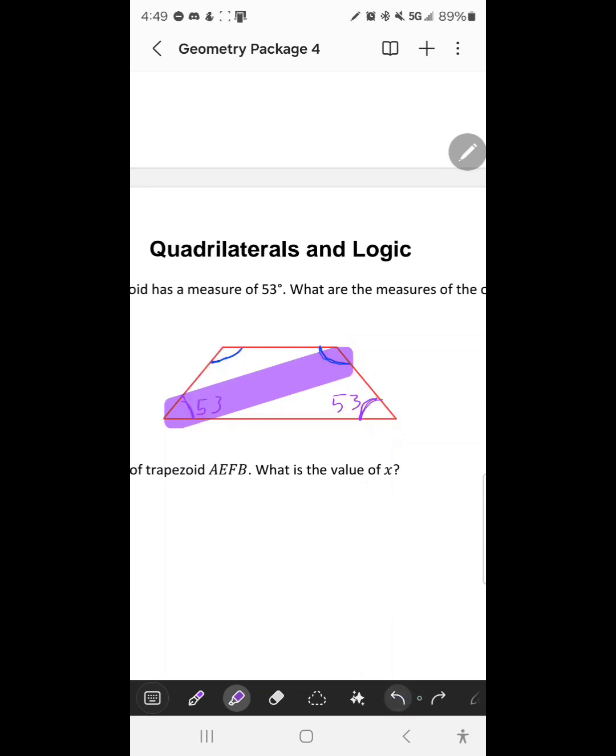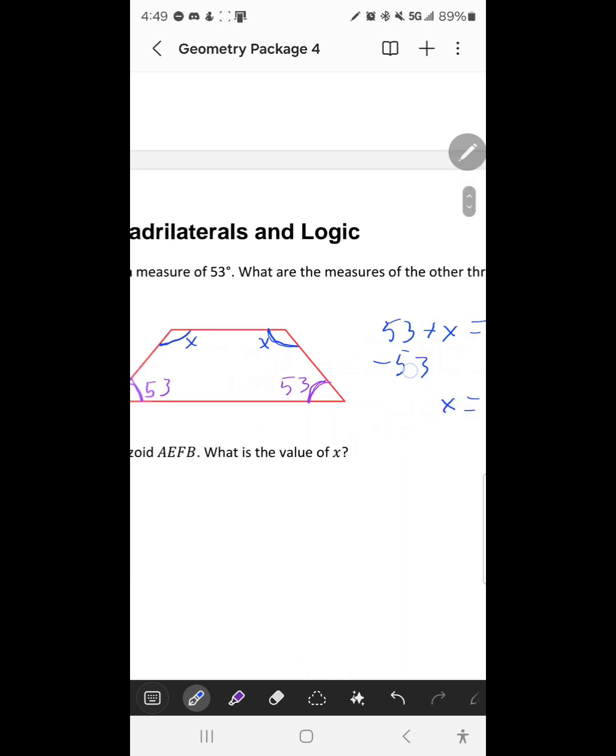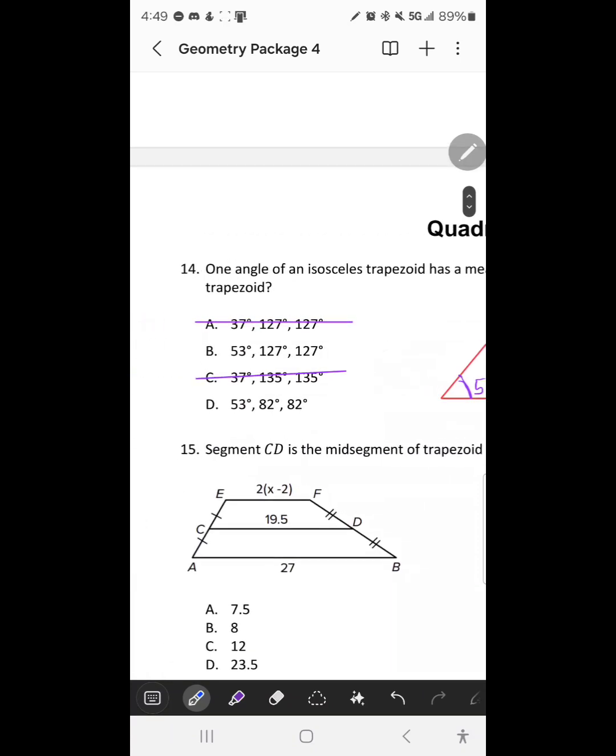Either way, we can say this one is x and this one is x as well, and we have 53 plus x equals 180. We subtract 53 from both sides. And we have x equals 127. So these two are equal to 127, and that's what we have here.